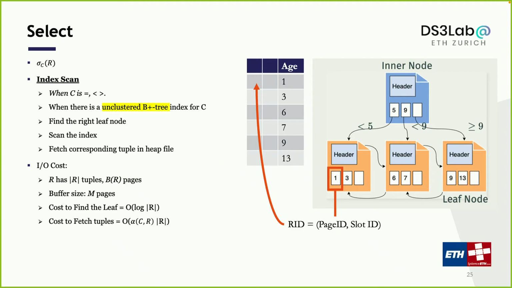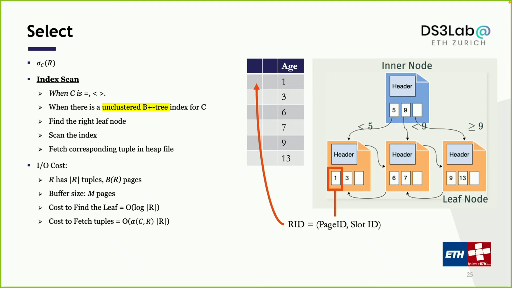My B plus tree is not clustered, so I don't have control over how the original tuples are stored on my hard drive. Essentially, in the worst case, for every single tuple in your output, which equals alpha times R, I incur 1 I/O of a page.